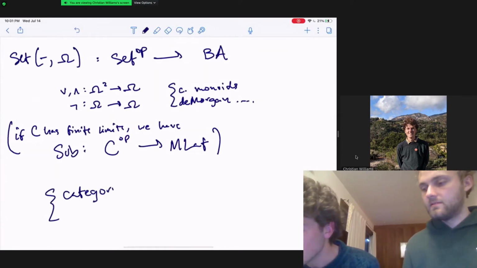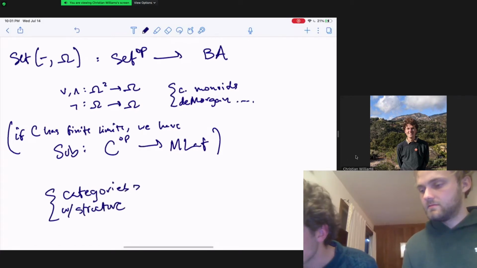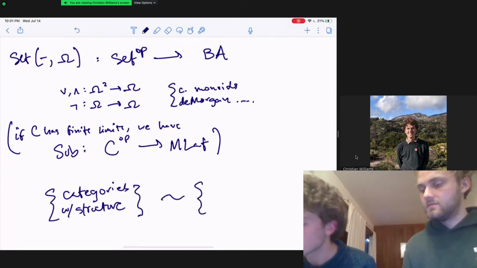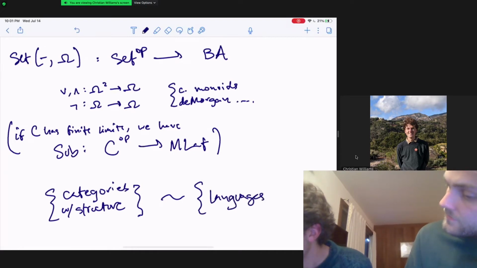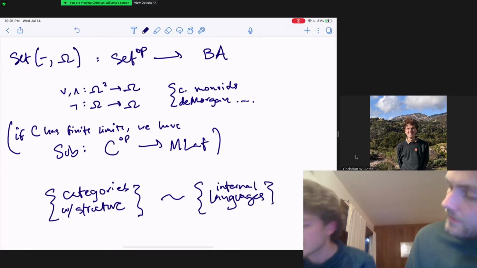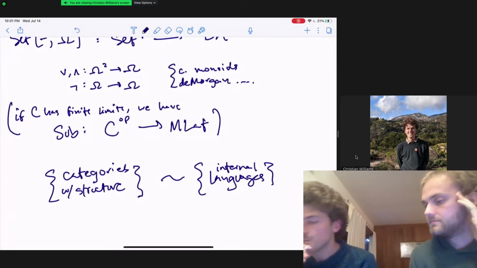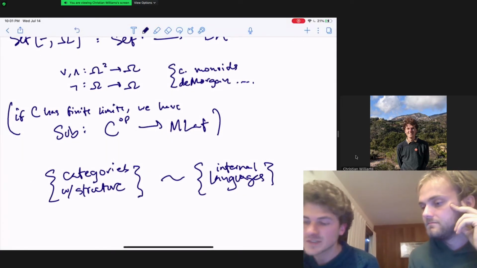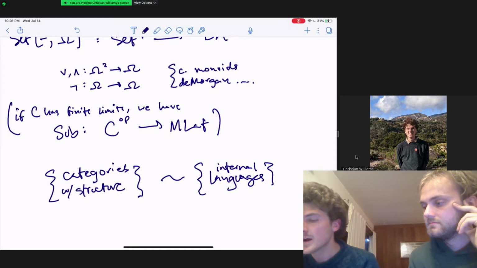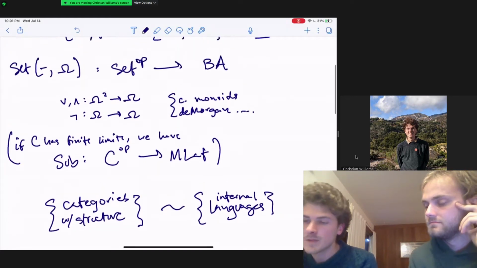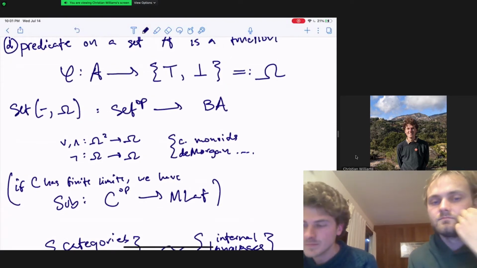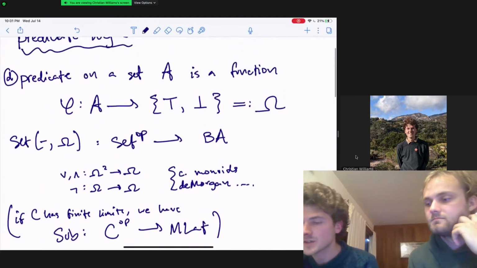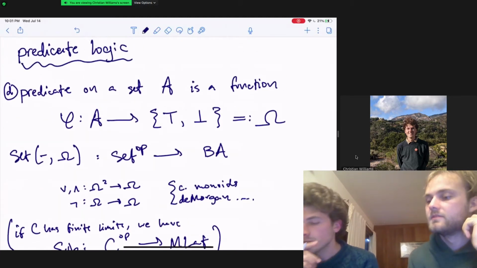We won't get into all this, but that's what categorical logic is really about: there's a whole big correspondence in internal languages, and they all follow a similar story about these things that we're going to talk about called fibrations.